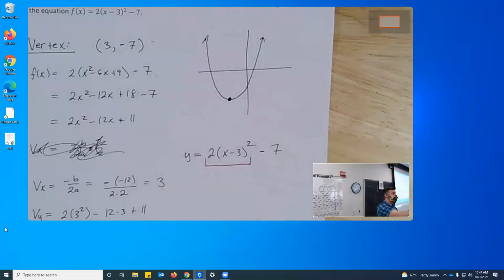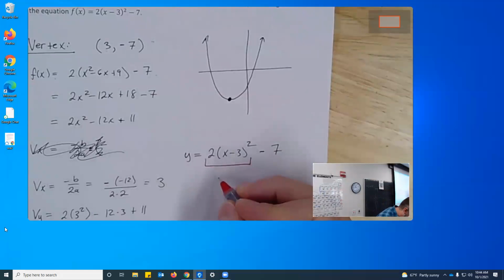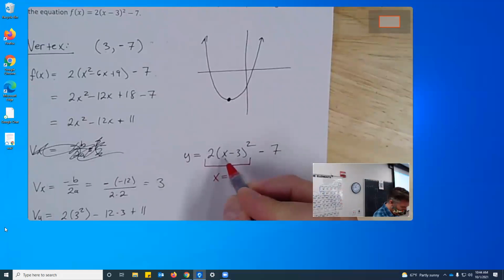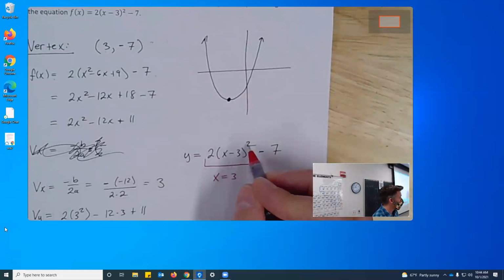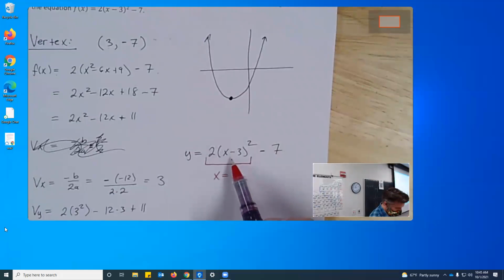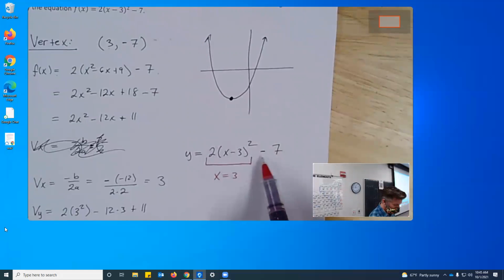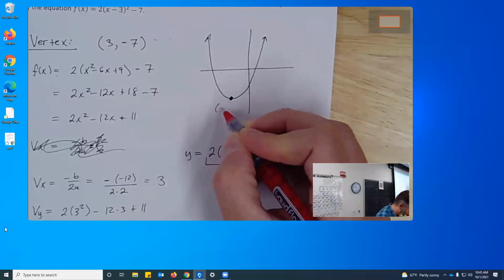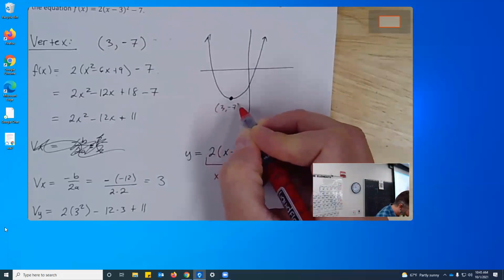And what did you just tell me the x value has to be to make that 0? 3, right? x has to be 3 so that 3 minus 3 is 0, and 0 squared is 0, and 2 times 0 is 0. And that's the value of x that's going to give us the lowest y value. If you pick any other value of x, say 4, you get 2 times 1, that's 2, minus 7, that's negative 5. That's a higher value than the point (3, negative 7).